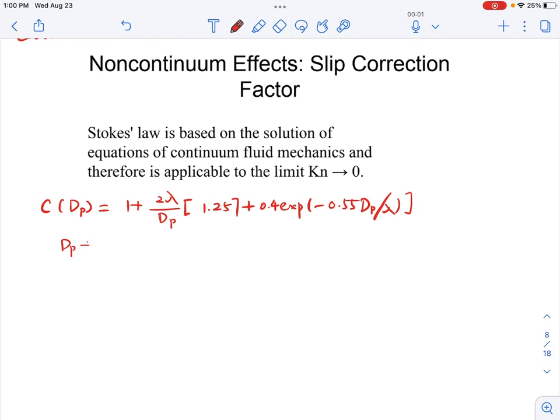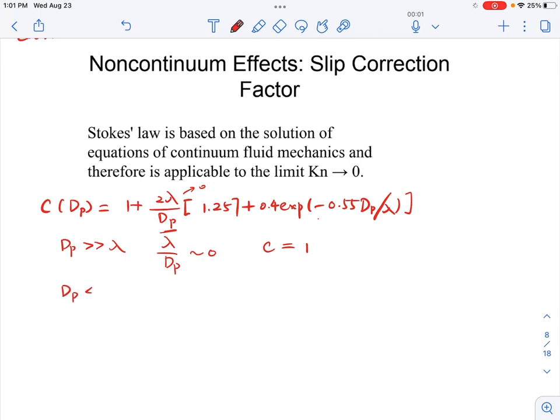You can see that when the particle size goes to infinity, or when the particle size is much larger than lambda, or let's say lambda divided by dp is much, much smaller than 1, close to 0, then if you plug in, this term goes to 0, and this term goes to positive infinity, but since you have the negative term in front of it, the exponential term goes to 0. Because of that, the Cunningham slip correction factor is 1.